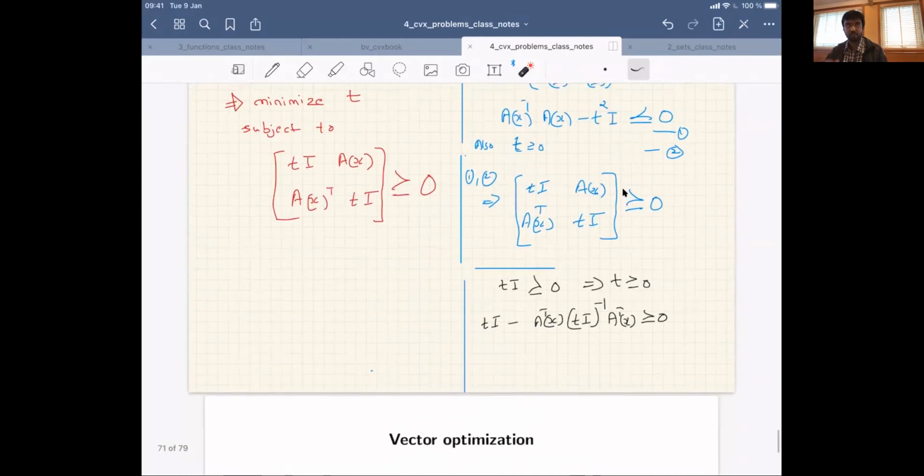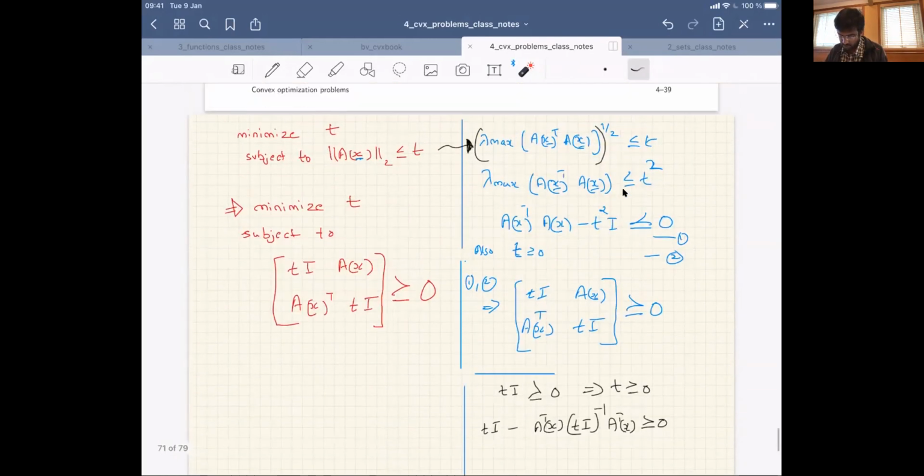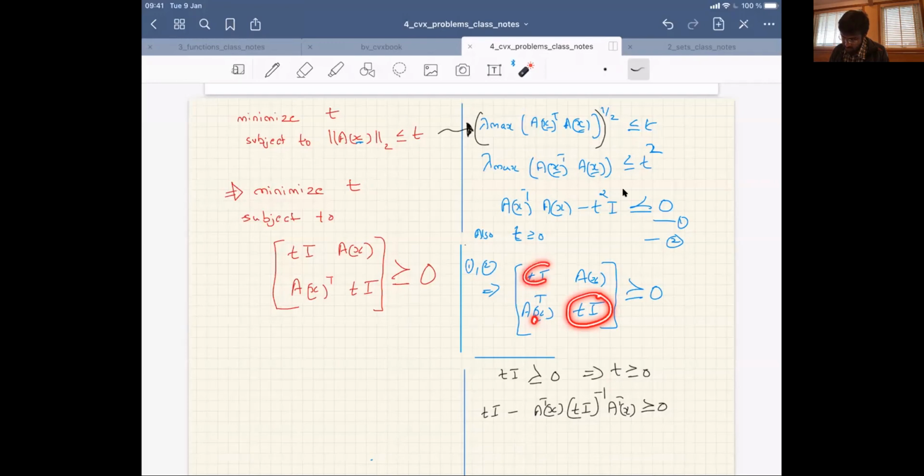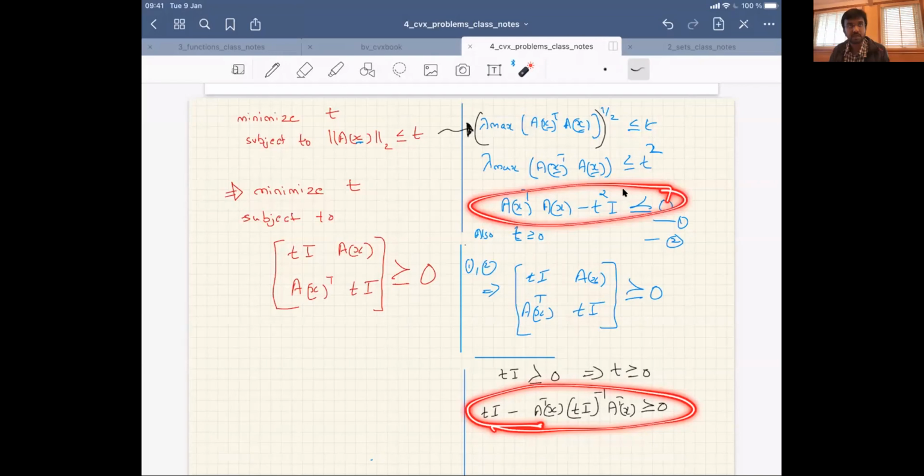There is nothing new, the same argument, no new concept. So this is PSD. First, tI has to be greater than or equal to 0, that means all the eigenvalues of this matrix are greater than or equal to 0, so t has to be greater than or equal to 0. Second, tI minus this times this inverse times this has to be PSD. This is equivalent to this constraint.